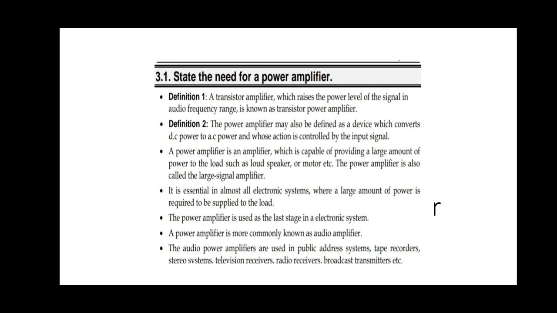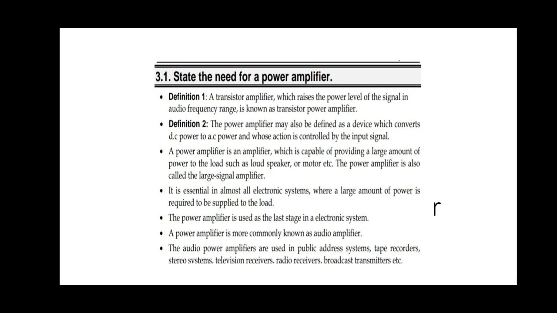So BF equals B into 1 plus A beta, where B is the bandwidth of the amplifier without feedback, and BF is the bandwidth of the amplifier with negative feedback. A is the gain of the amplifier without feedback, and beta is the feedback factor.